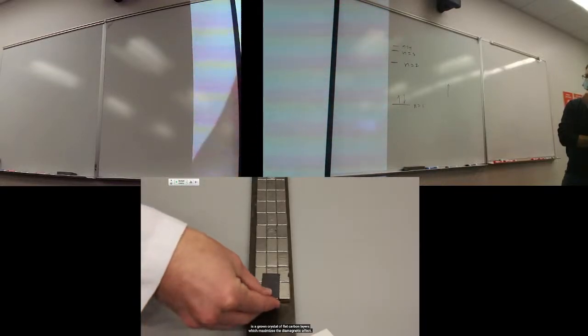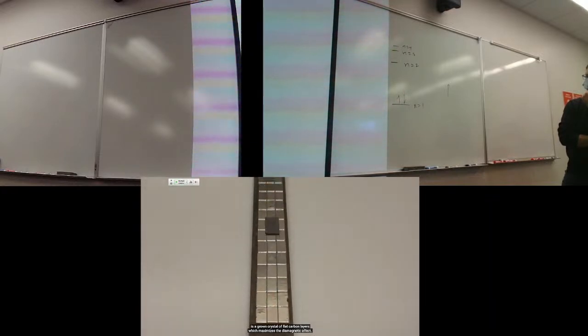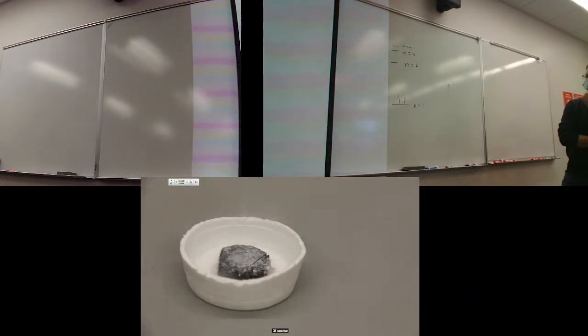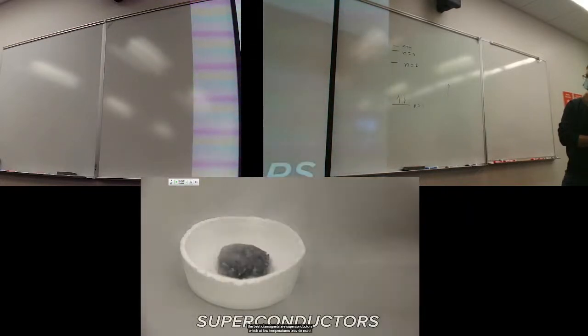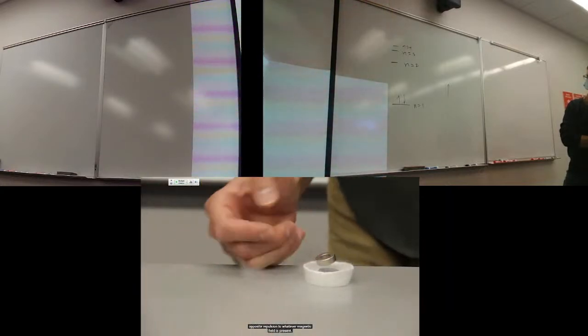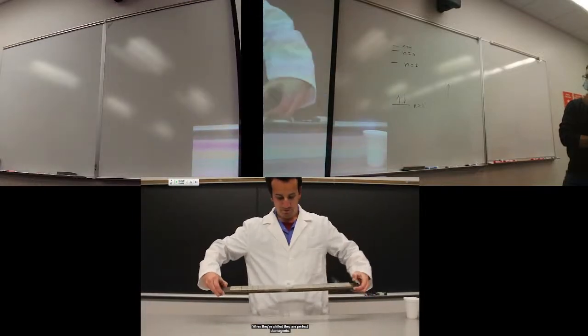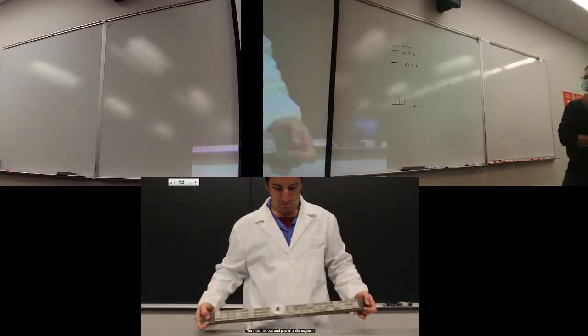Pyrolytic graphite is a grown crystal of flat carbon layers which maximizes the diamagnetic effect. Of course, the best diamagnets are superconductors, which at low temperatures provide exact opposite repulsion to whatever magnetic field is present when they're chilled. They are perfect diamagnets.